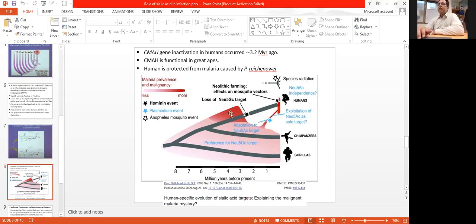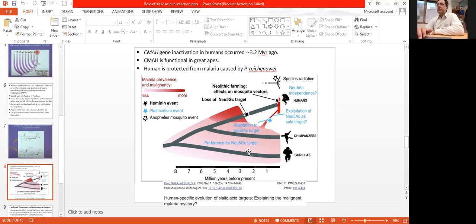So if you look at this graph here, these are million years before present, 1, 2, 3, 4, 5, 6, 7, 8, okay? And this is the tree showing hominin events, Plasmodium events and Anopheles mosquito events over millions of years of evolution.